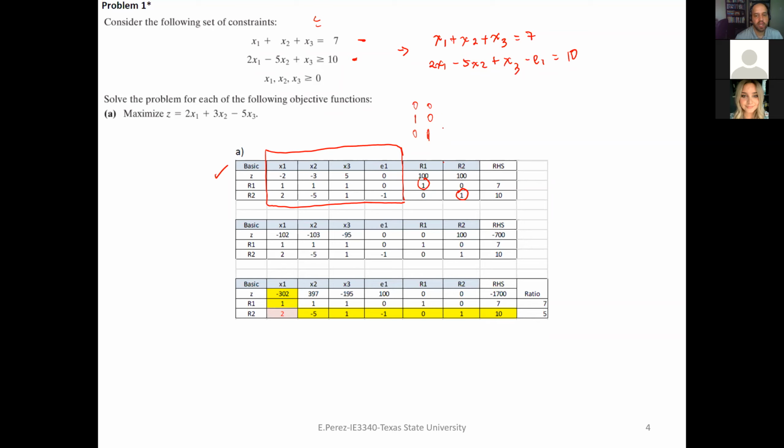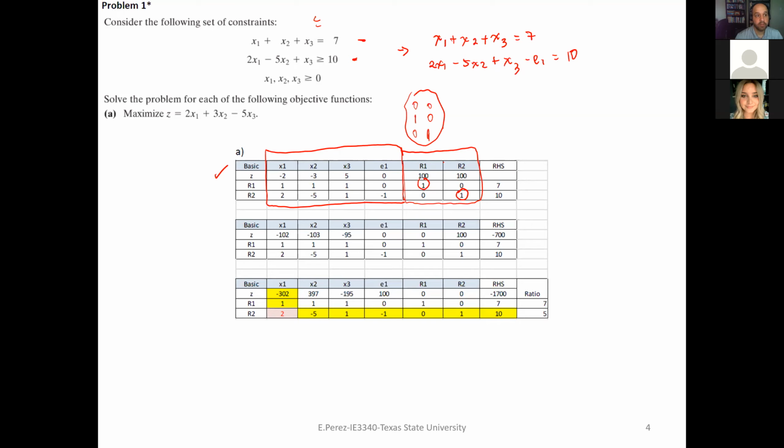That's why we add these artificial variables. If you look at this piece of the tableau, our goal is to set up these two artificial variables so we can have the identity matrix and identify those variables as our initial solution for the problem.